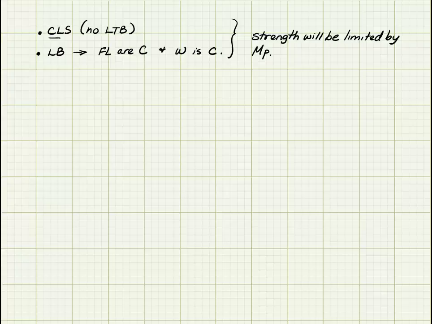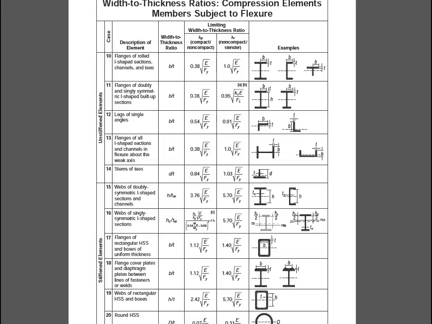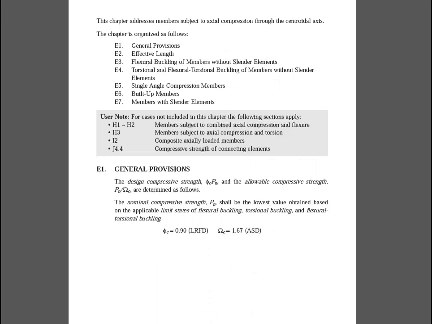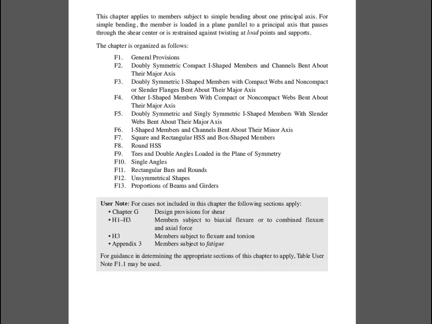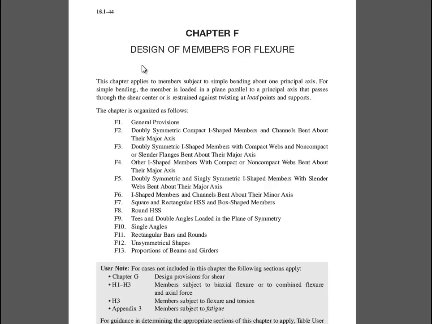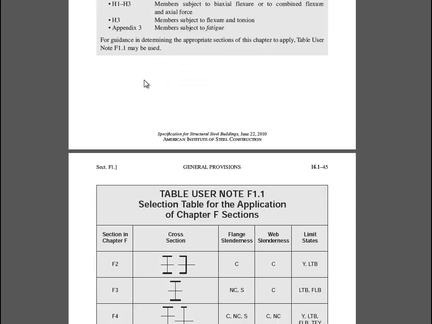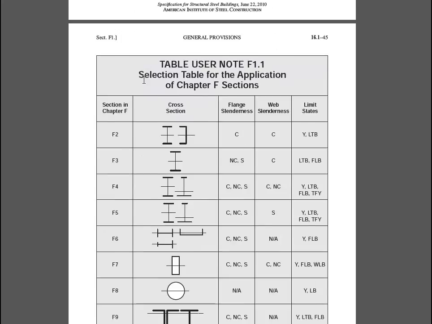Now, another way of arriving at that very same conclusion is to go back to chapter F. There we go. Design of members for flexure. And to go to user note F1.1.